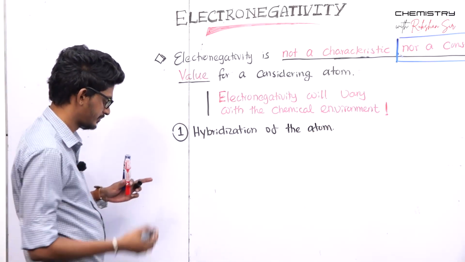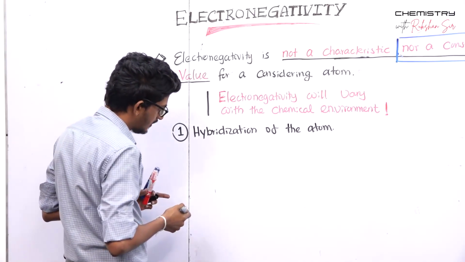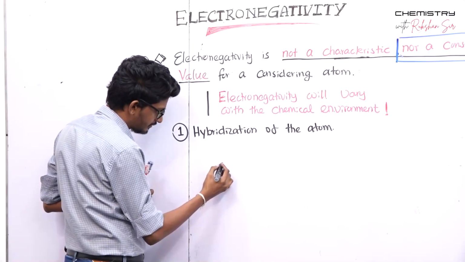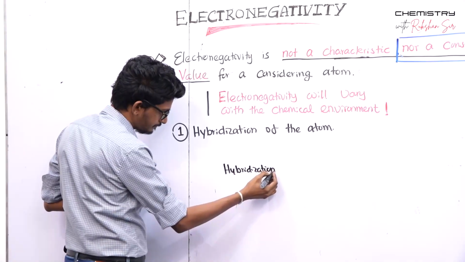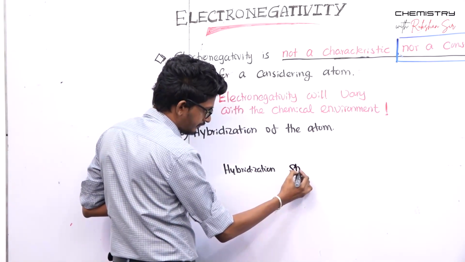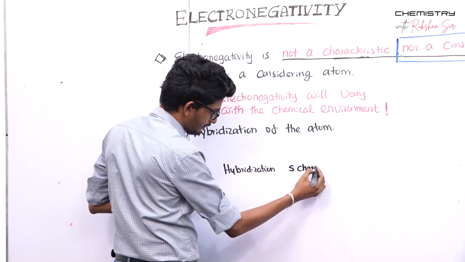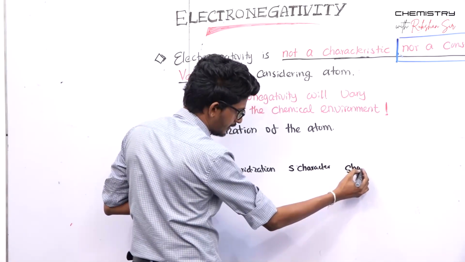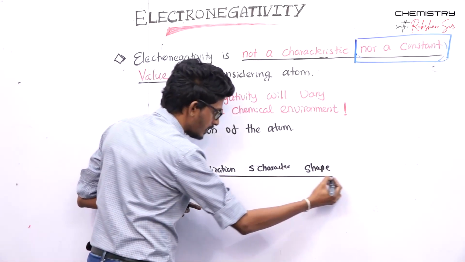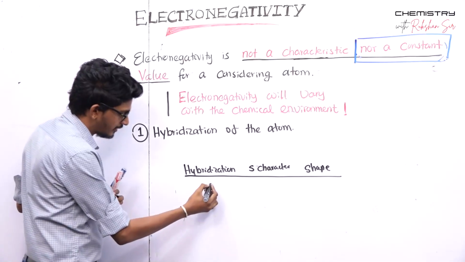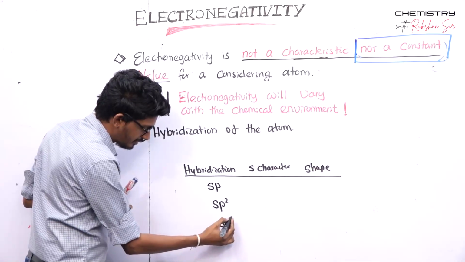The point is this: in hybridization, there is the s character and the shape. We have a few hybrid orbitals. It could be sp, sp2, sp3, the hybrid orbitals.